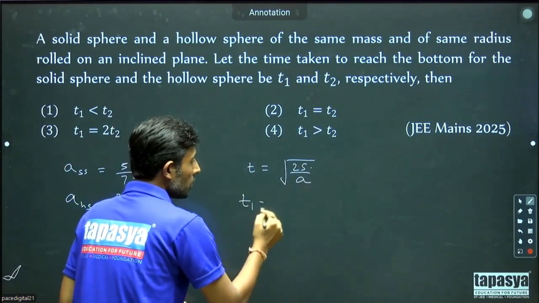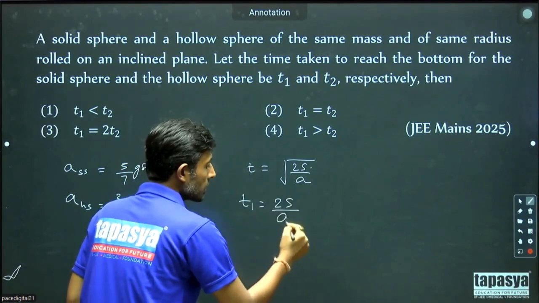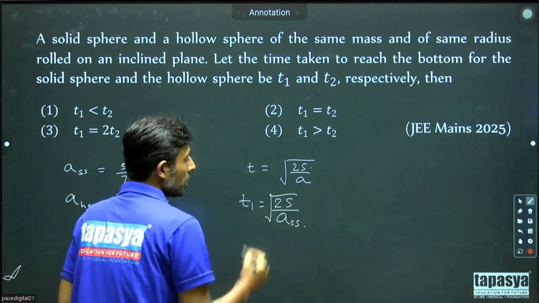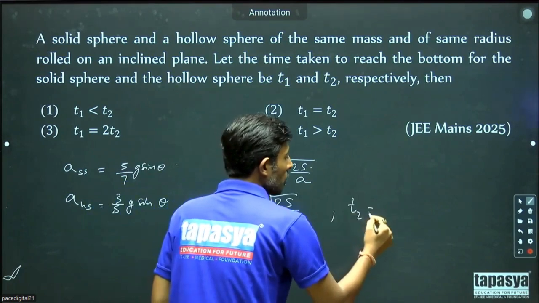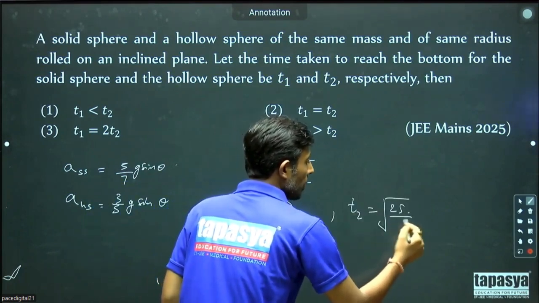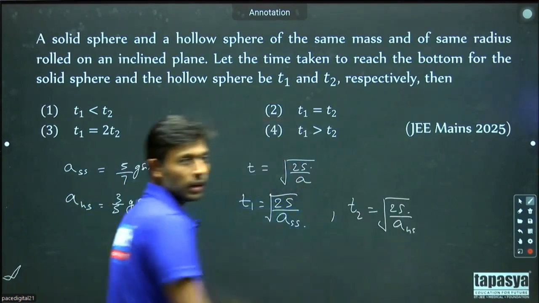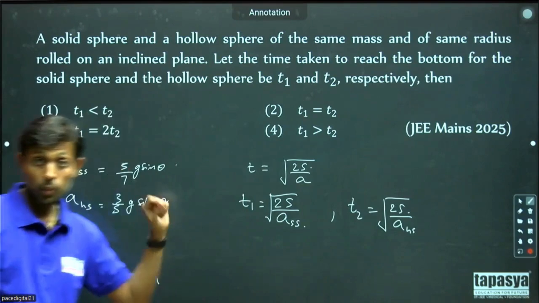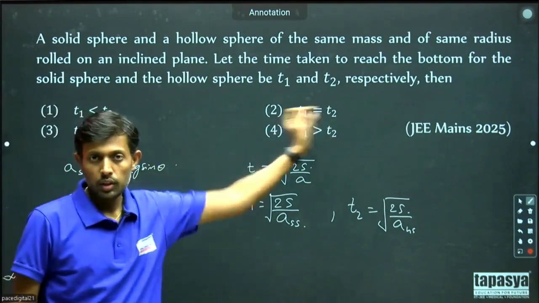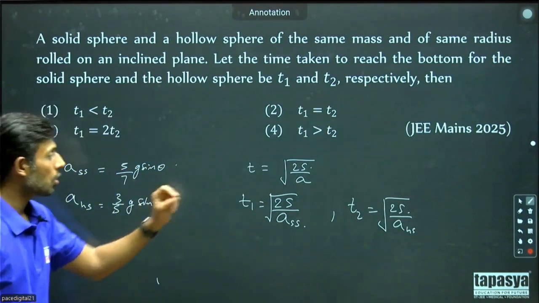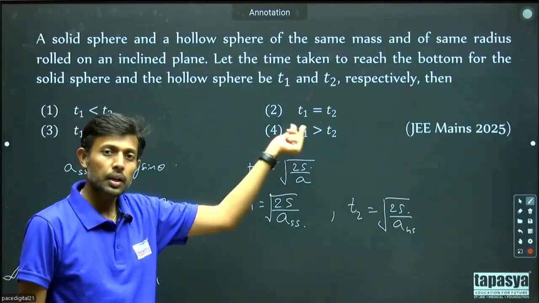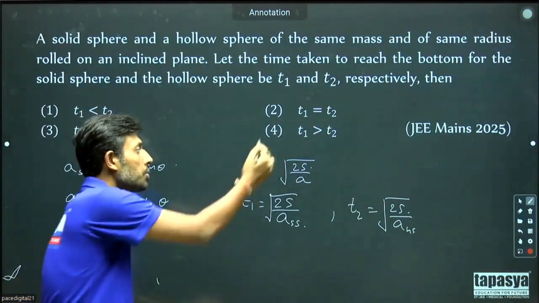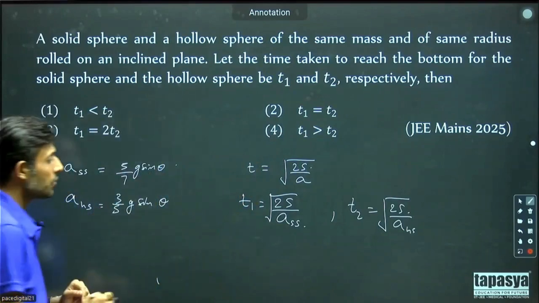So T1 will be 2s upon the acceleration of the solid sphere, and T2 would be 2s upon the acceleration of the hollow sphere. And we have to find their ratio. Is the ratio 1? If the ratio is 1, then we can say option 2 is the correct option. If T1 comes out to be bigger than T2, accordingly, we can say option 4 is correct, and so on. So let's figure this out.